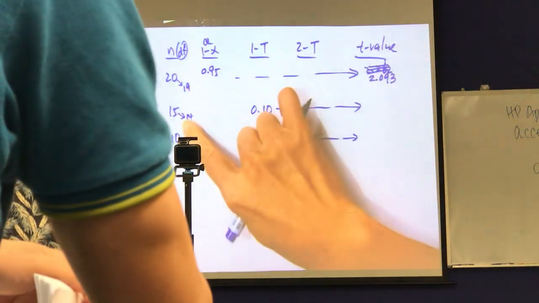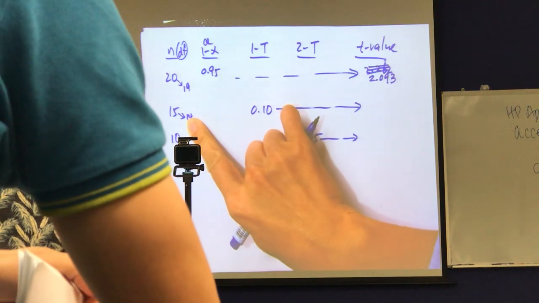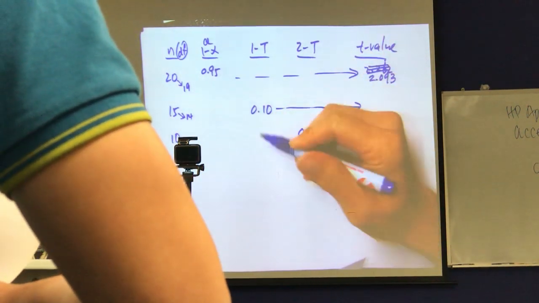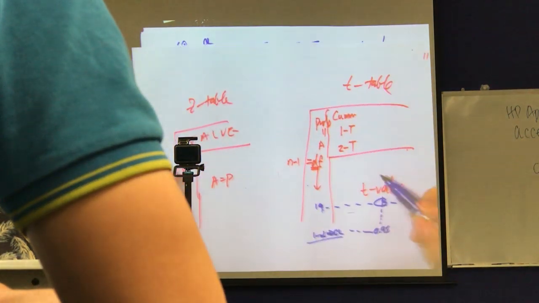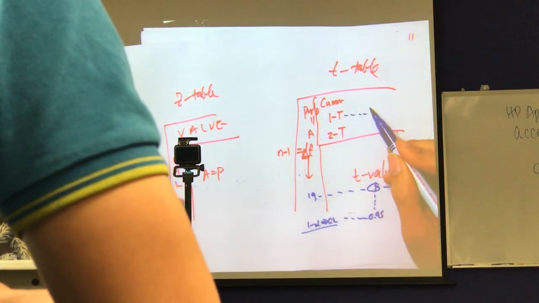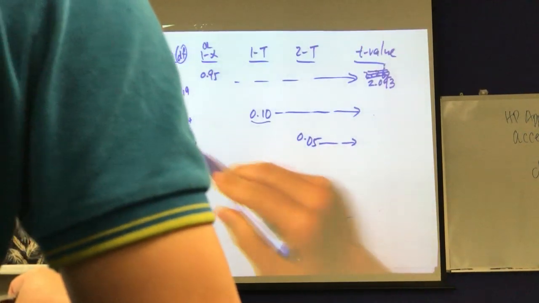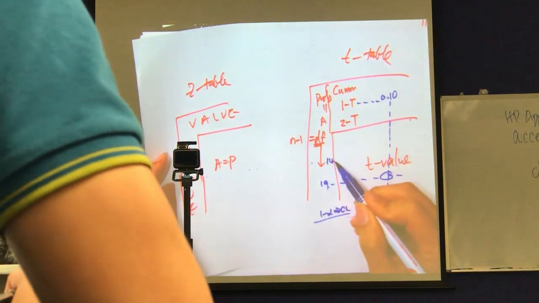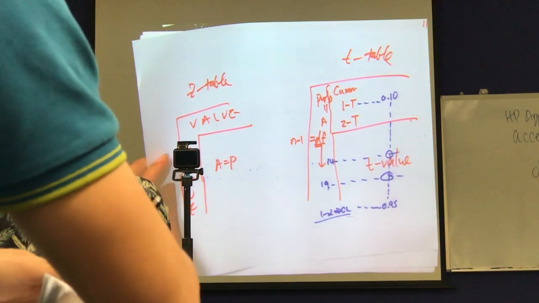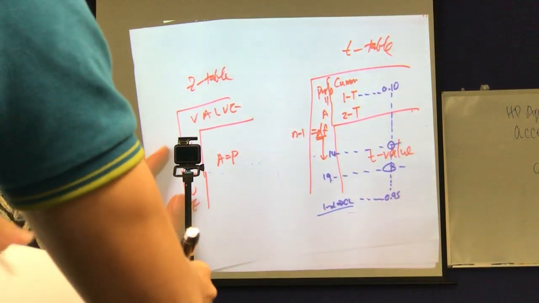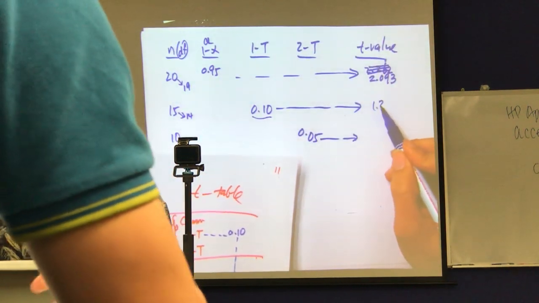Now n is 15. So degree of freedom is 14. But it's given one tail is 0.1, one tail. So look at one tail here, 0.10. Go down, and degree of freedom is 14. What is this number? So this is 1.345.